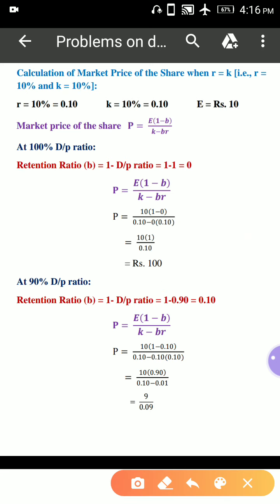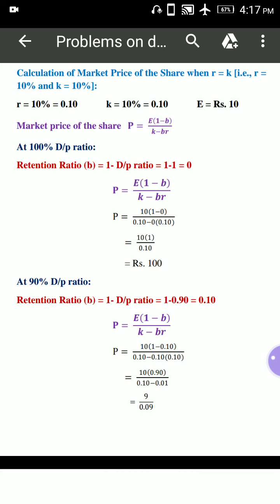Now substituting all these values: E as it is, 10 rupees, into 1 minus B. So B value here is 0.10, divided by K 0.10, minus B 0.10 into R. What is the R value? R value is 0.10.